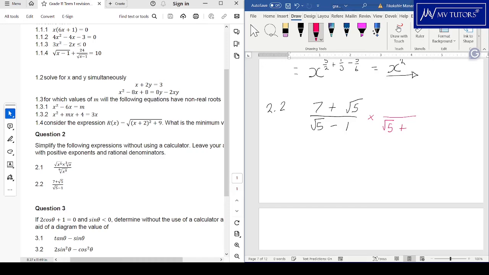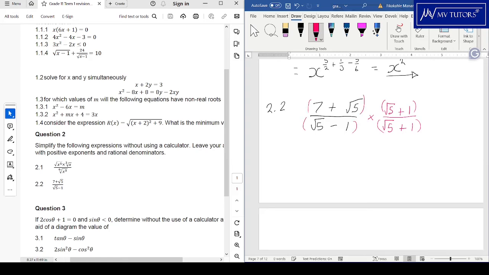Why do we do that? So that they can subtract each other. Then you put that number there. Now what you do at the bottom, you must do on the top as well. So I'm going to have square root of 5 plus 1. So now it's like I'm multiplying that with that.